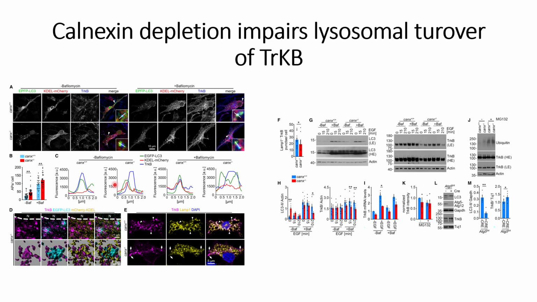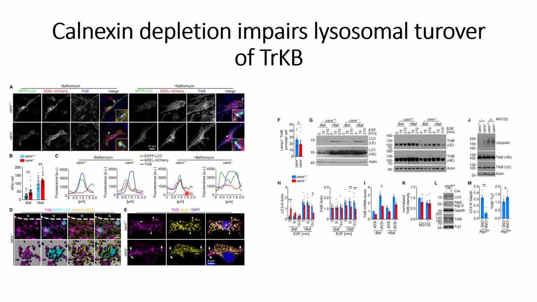Instead, we see that TrkBs are just close to the signals for LC3. When autophagy inhibitors are used, we can see the complete overlap in the wild type cells of TrkB, LC3 and KDEL-mCherry, which can be seen here.